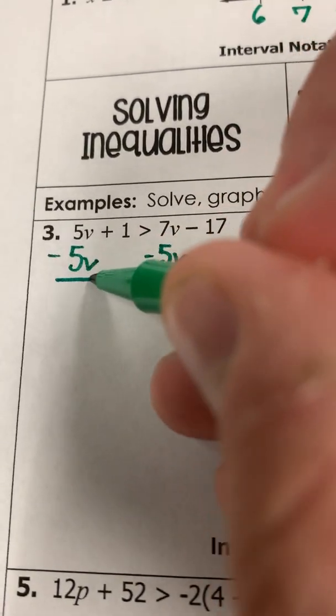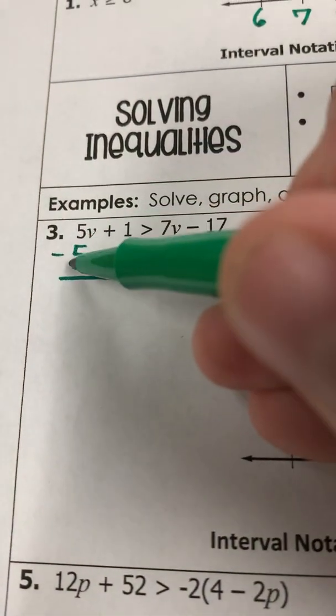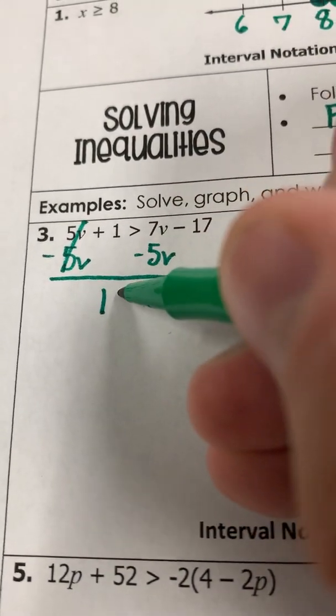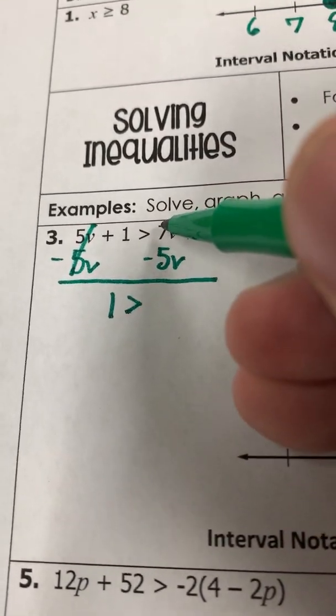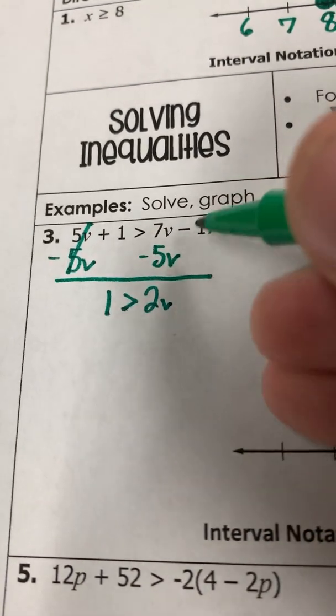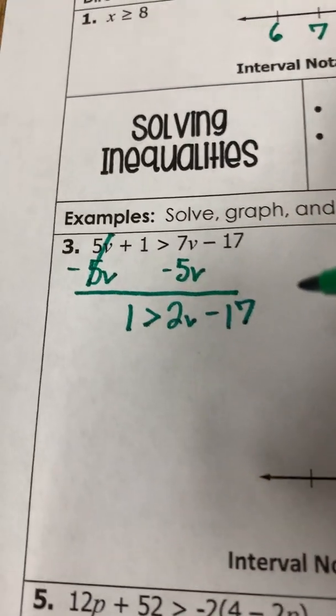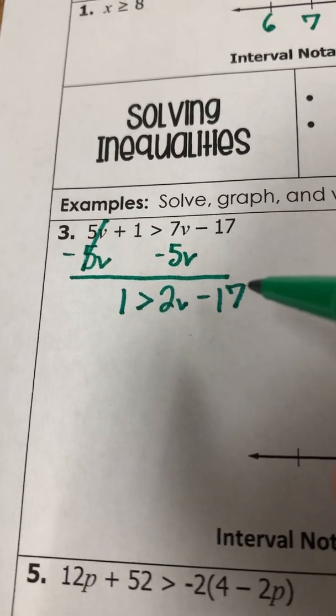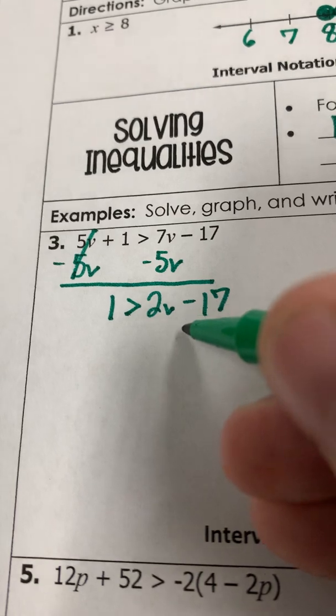Positive 5v, so we're going to subtract on both sides. Here it's gone. 1 greater than 7v minus 5v is 2v minus 17. Right, continue with the solving.